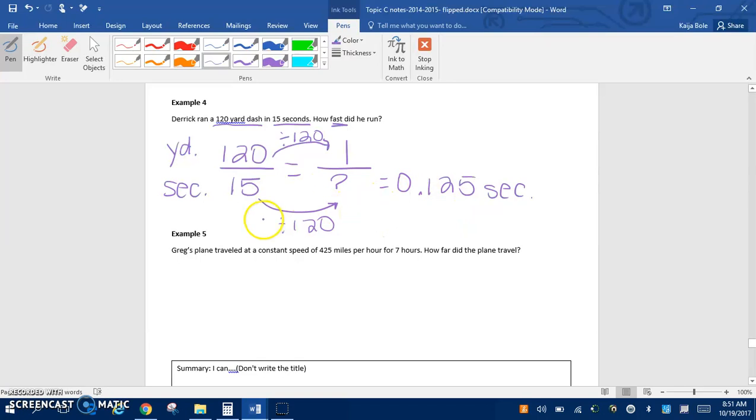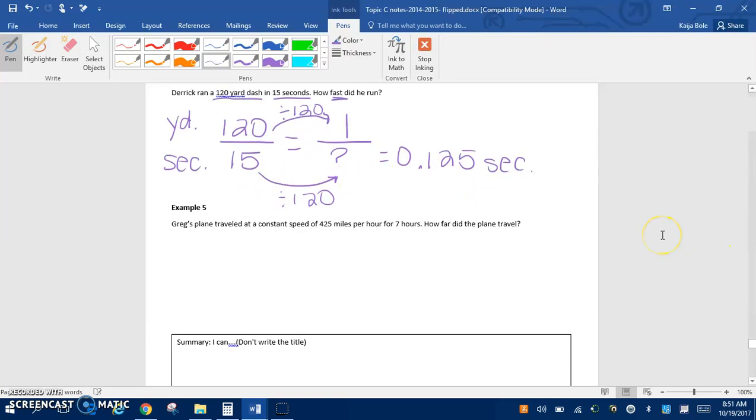One more. Example 5 says Greg's plane traveled at a constant speed of 425 miles per hour for 7 hours. How far did the plane travel? Again, we are comparing miles and hours. In our blank one, let's fill in what we know. The constant speed was 425 miles per 1 hour, and they did that for 7 hours.